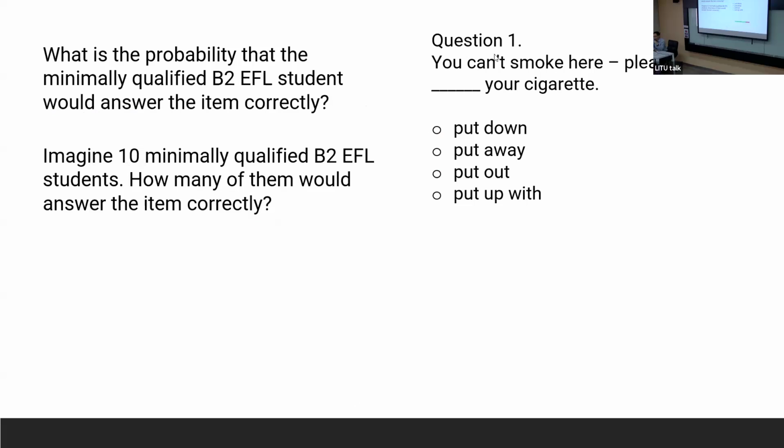Let's look at question 1. You can smoke here, please. What's the answer? Come on, English teachers, what's the answer? The answer is put out.